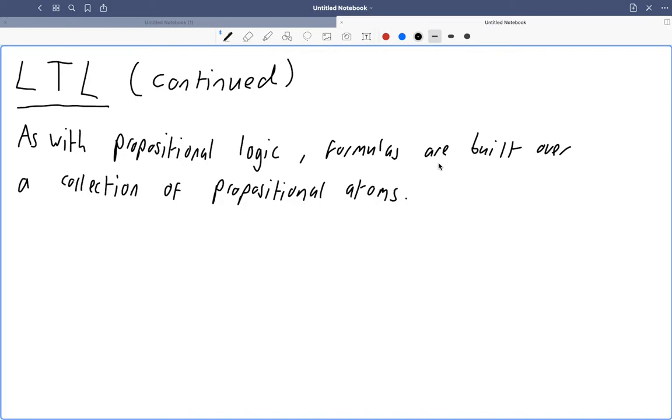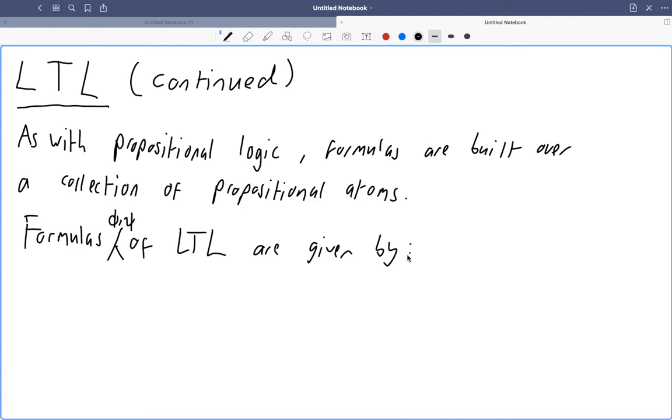Then the formulas of linear time temporal logic actually include the formulas of propositional logic. The formulas of LTL are given by the following.